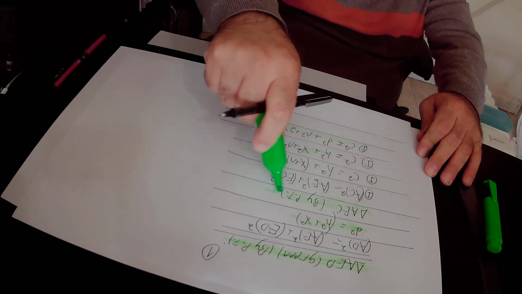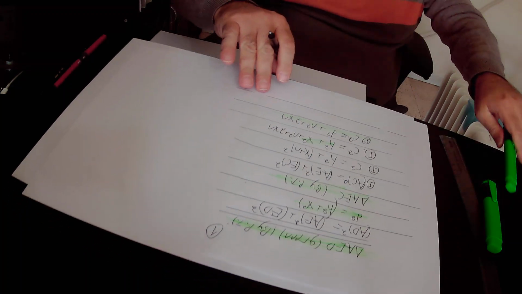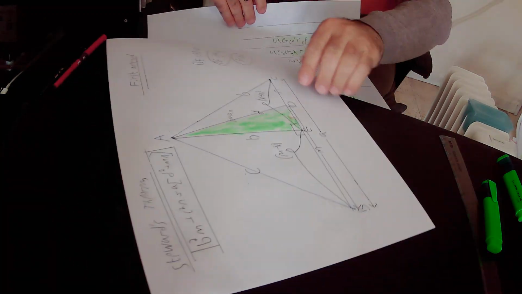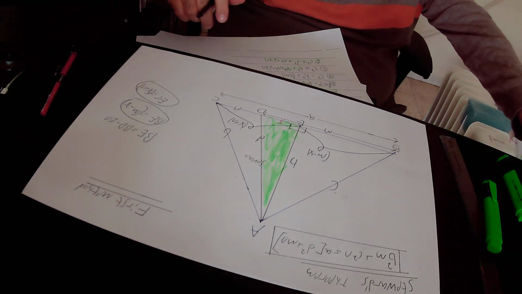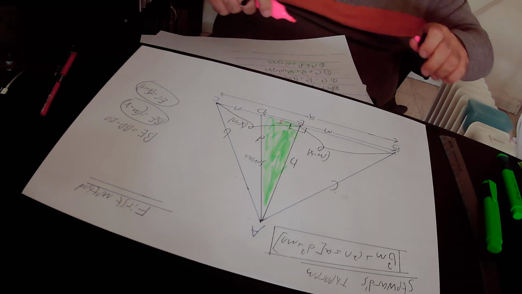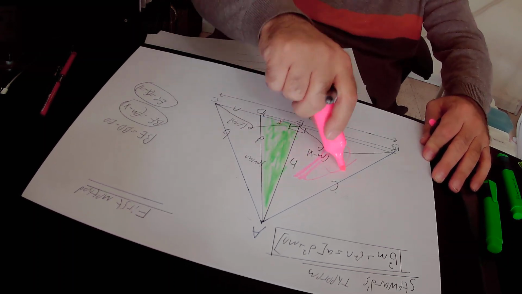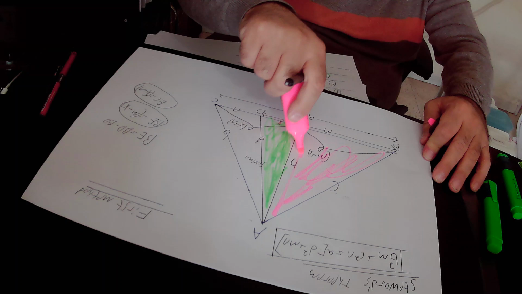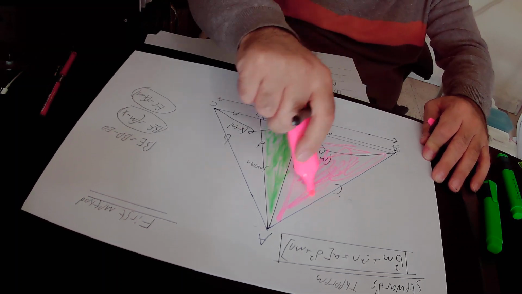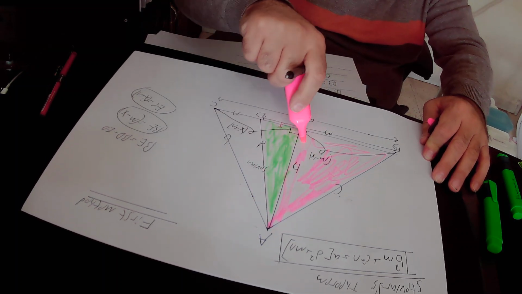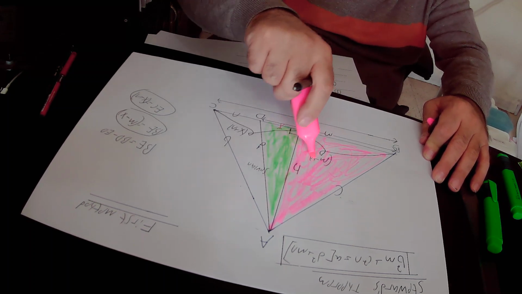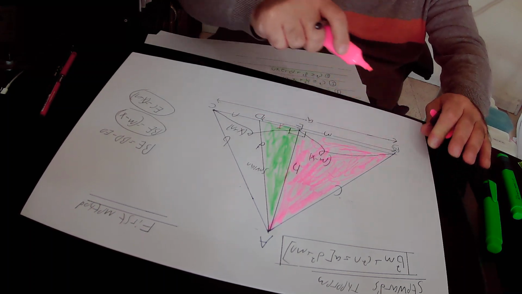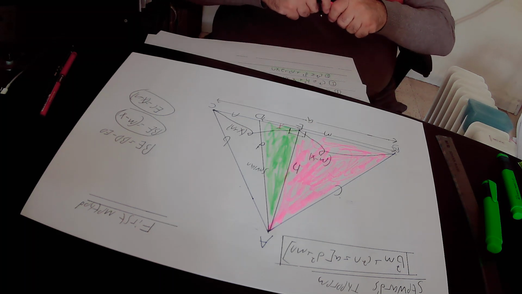In the next step, we will implement the Pythagoras theorem in the pink triangle, triangle AEB.